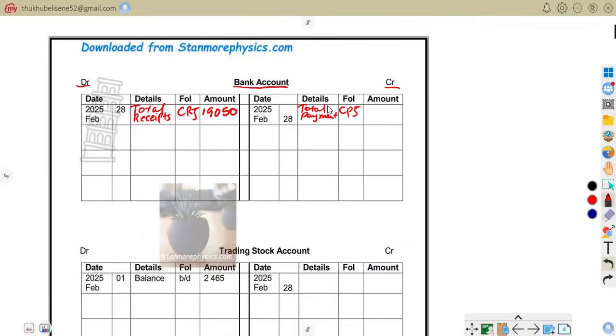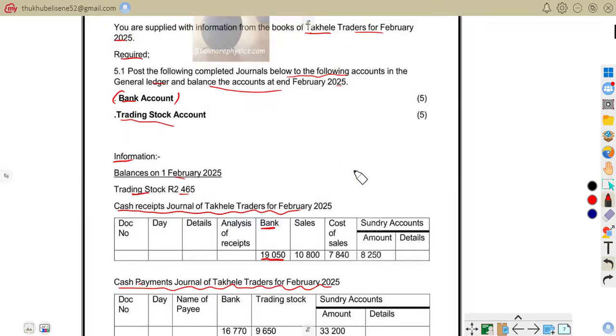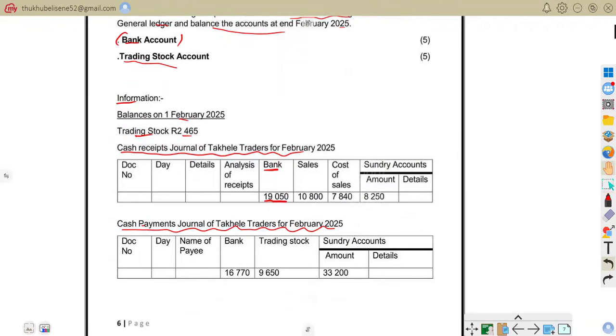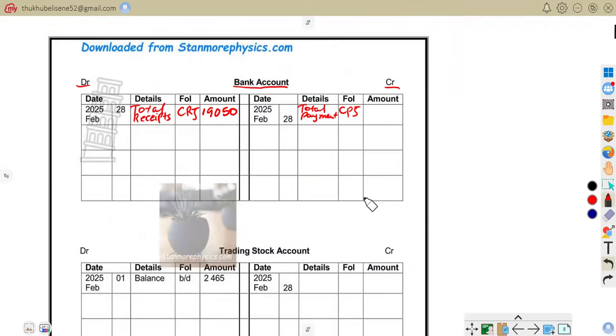Now we want the amount for total payments, because you know the amount for total receipts. So we go under the cash payments journal and look at the bank column. We have 16,770. Then you write it in there.